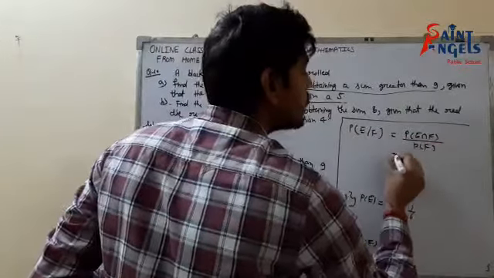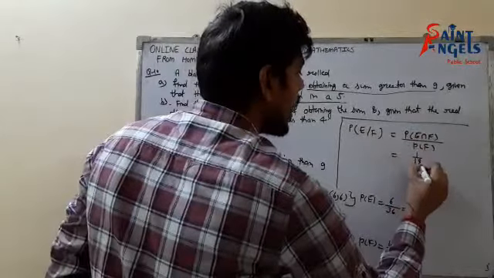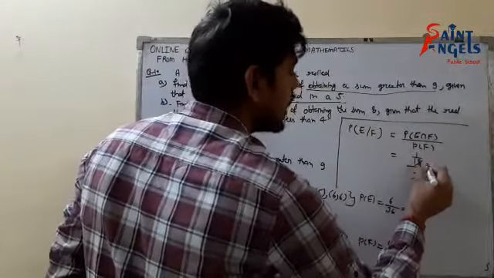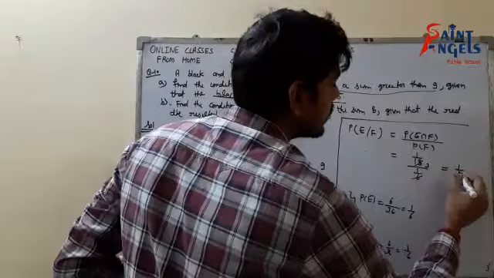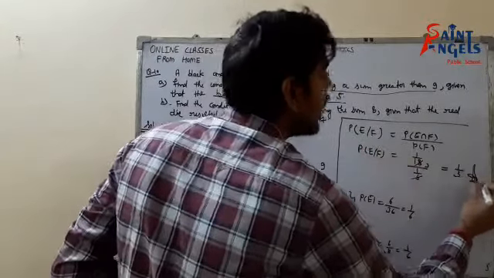I have all the values. P(E intersection F) is 1 upon 18 and P(F) is 1 upon 6. So that would be 1 by 3. So P(E|F) for the first part would be 1 by 3, our answer.